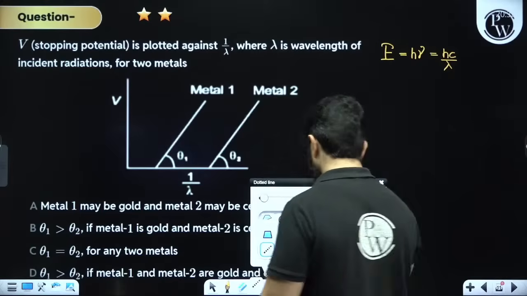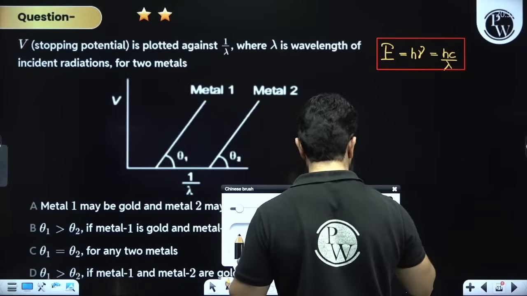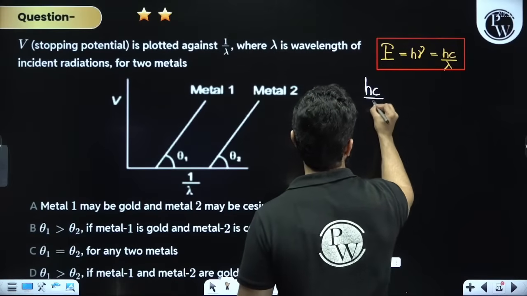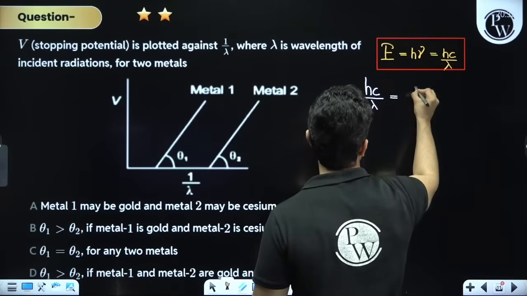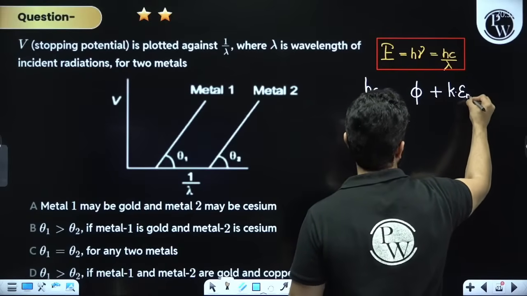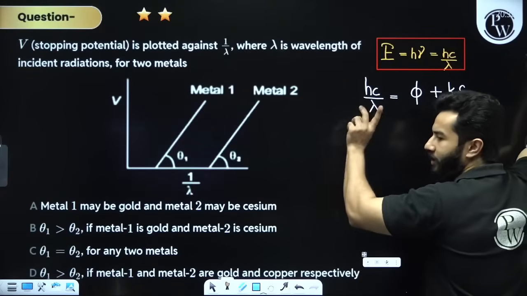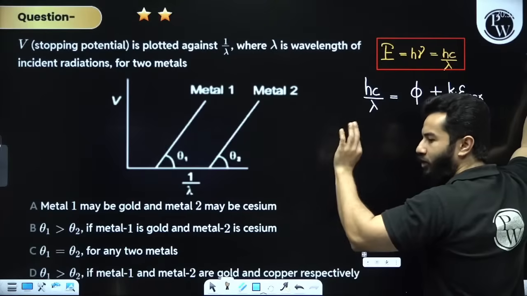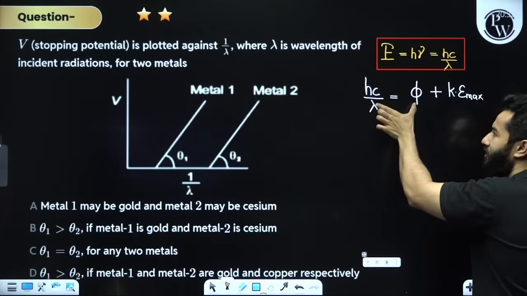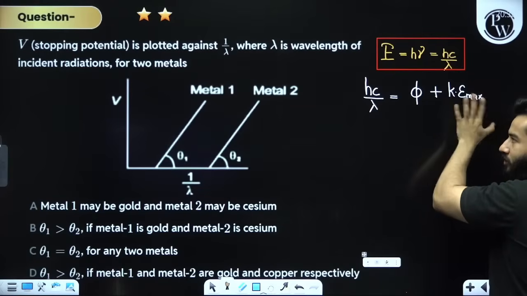Then Einstein's equation basically says that hc by lambda is equal to work function plus maximum kinetic energy. That means the energy of the incident radiation will be used in two ways: to overcome the work function, and the remaining energy will exist in the form of kinetic energy of electrons, something like this.